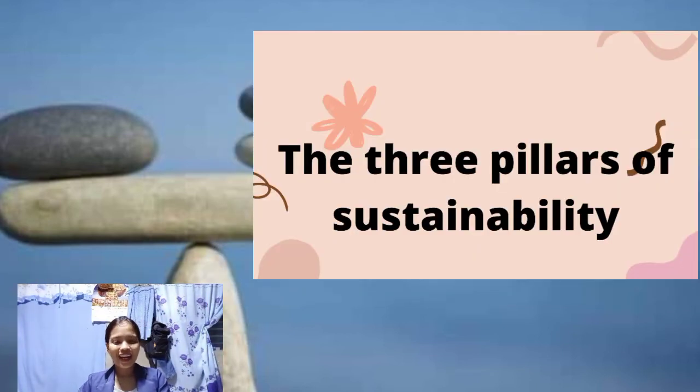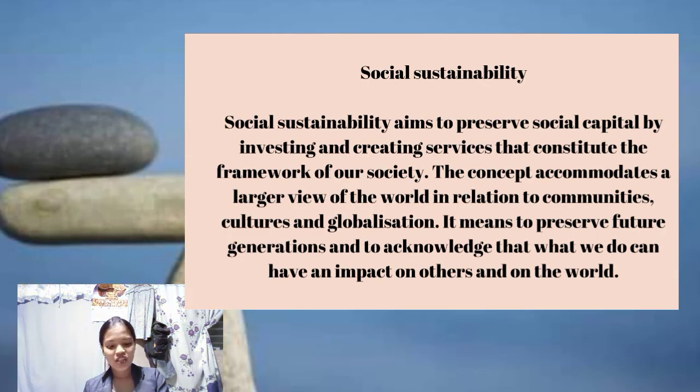So now, there are 3 pillars of sustainability. So the first one is social sustainability. Social sustainability aims to preserve social capital by investing and creating services that constitute the framework of our society.